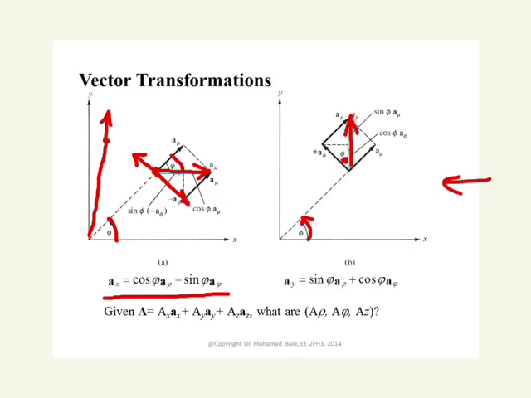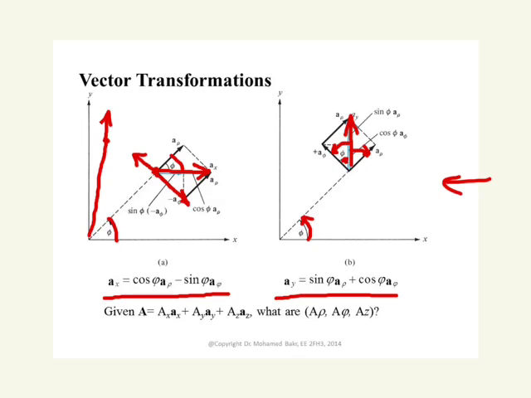This tells us that ay can be decomposed into two components: cosine phi in the direction of a phi and sine phi in the direction of a rho, the radial direction. Remember, this is a projection from the 3D case. So I projected the unit vectors from the general 3D case onto the xy plane. This gives us that ay is equal to sine phi in the direction of a rho and cosine phi in the direction of a phi. az does not change, which is good.